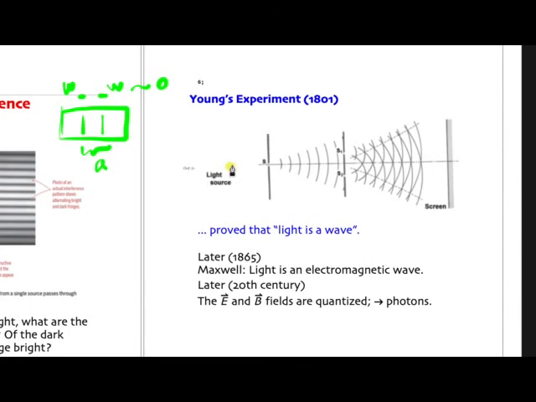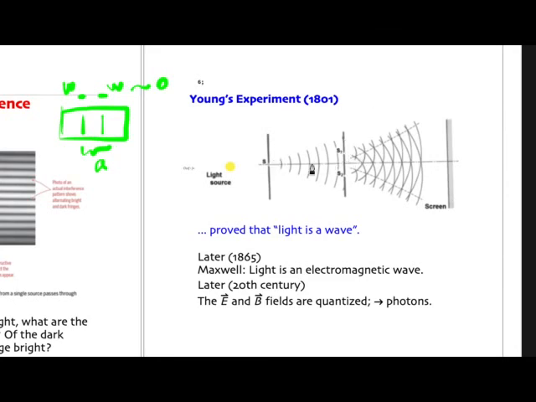Because it's coming from the same source, those waves will form a plane wave. The wave fronts will be in phase at the two slits. So then he had a second opaque screen with slits cut through it.